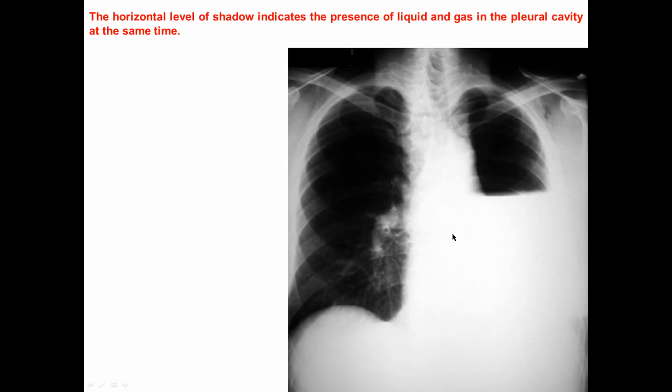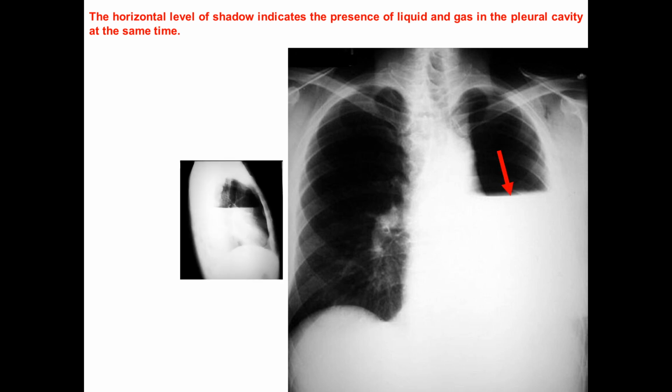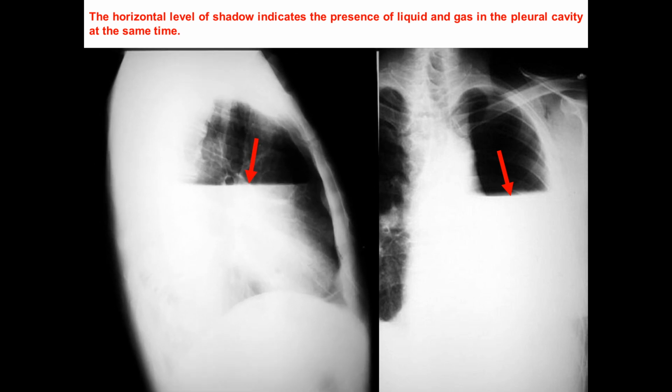Next is the horizontal level of shadow, which indicates the presence of liquid and gas in the pleural cavity at the same time. If formed, the horizontal level mostly represents that the doctor removed the fluid, but air also went inside, and air and fluid form this horizontal level of shadow.